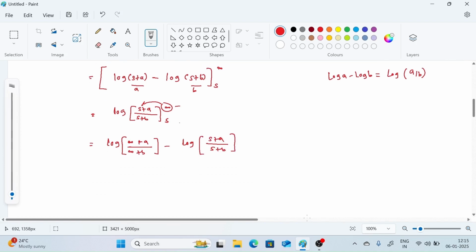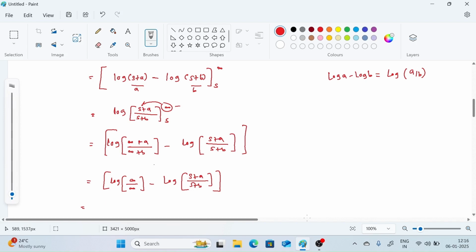Now we are going to simplify this further. What we can write: log of infinity plus any constant will be infinity, so infinity upon infinity, minus log of s plus a upon s plus b, right?